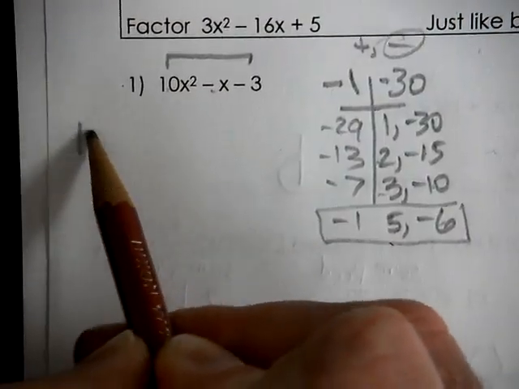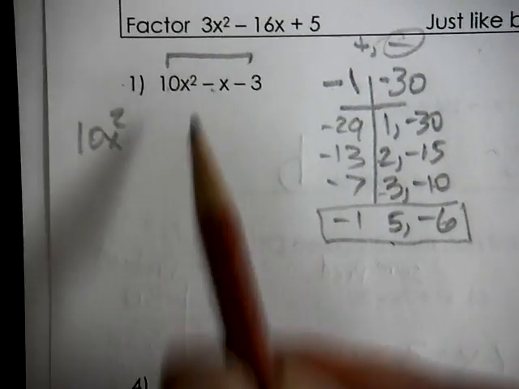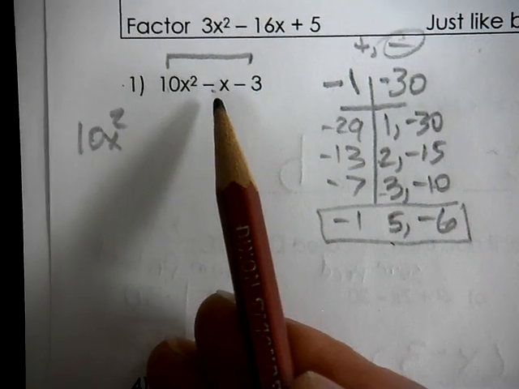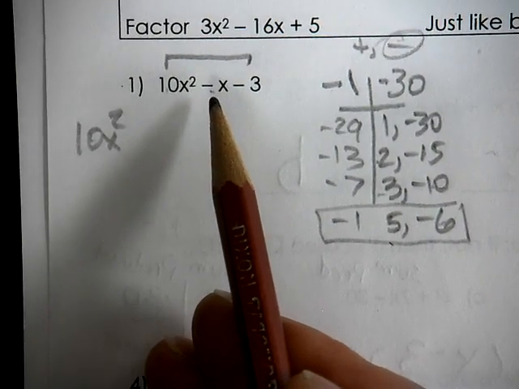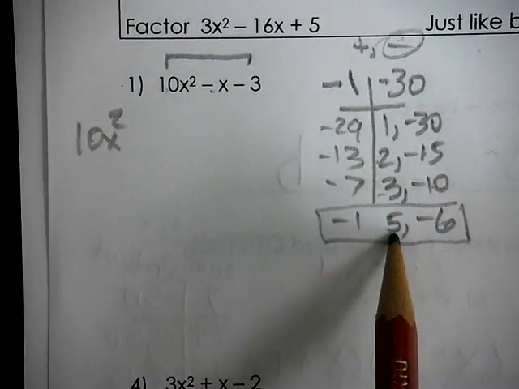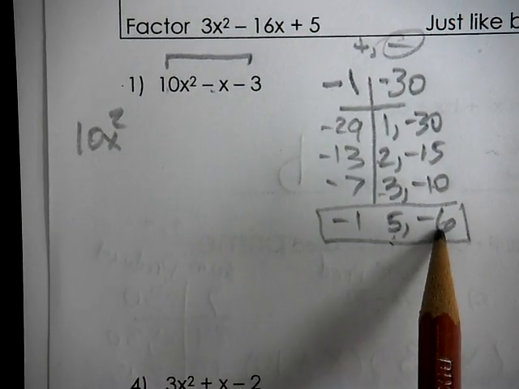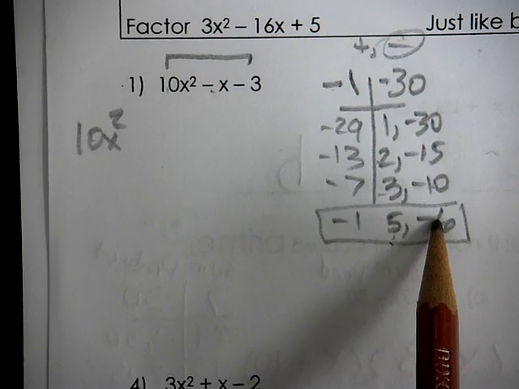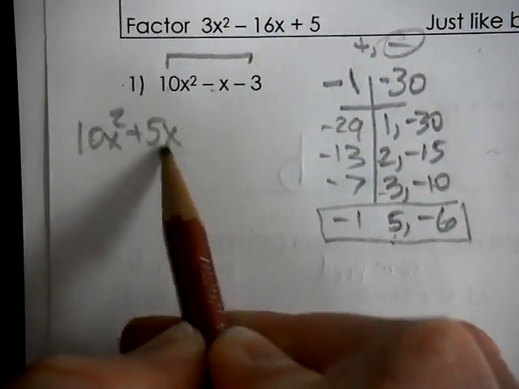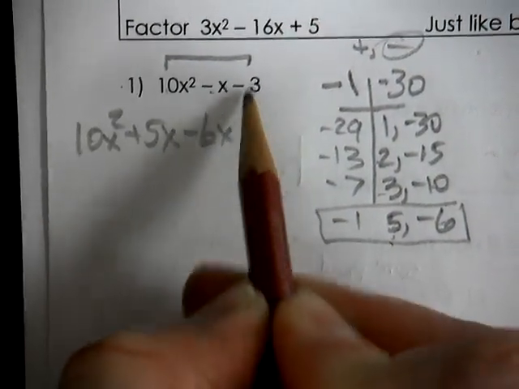So I'm going to bring down my 10x squared. What makes the value of negative 1x? What two numbers should we use that makes the value of negative 1x? The 5 and the negative 6 add together to be negative 1x. So we're going to say 5x minus 6x.